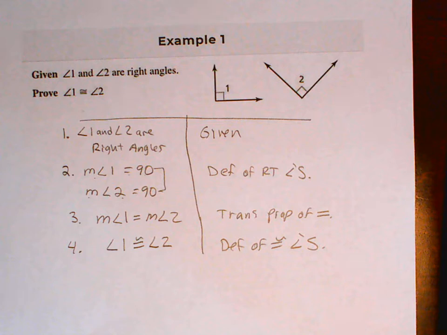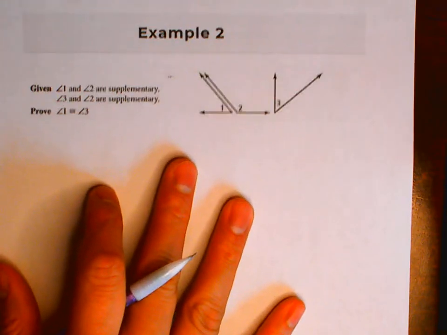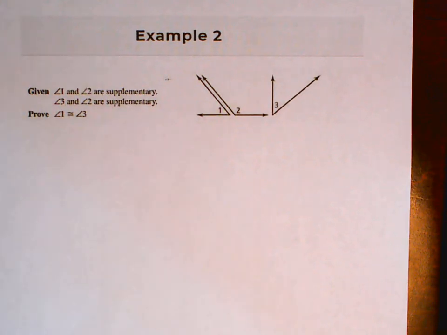All right, let's take a look at number 2. Now for number 2, the diagram that I have here is a little different, but we can use the diagram that's there or use the diagram that I already have on this paper. Either one will help us out. Okay, here's example number 2.